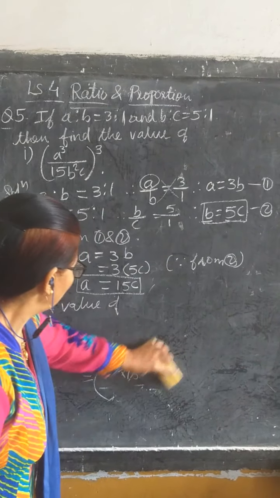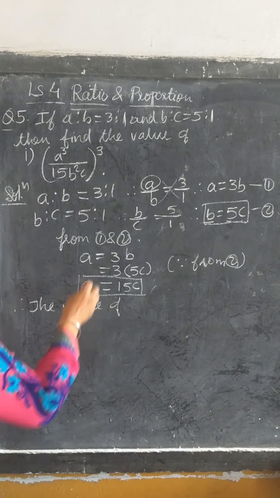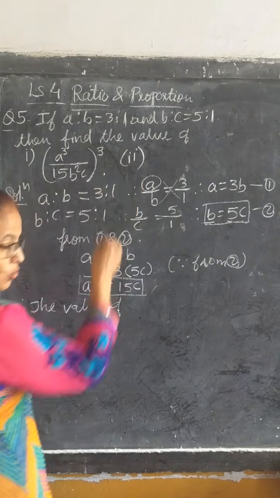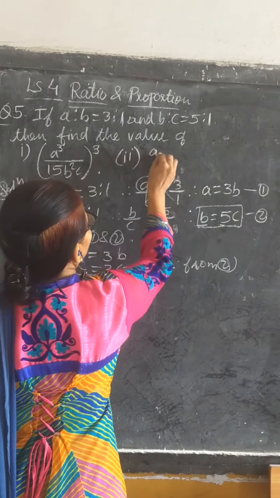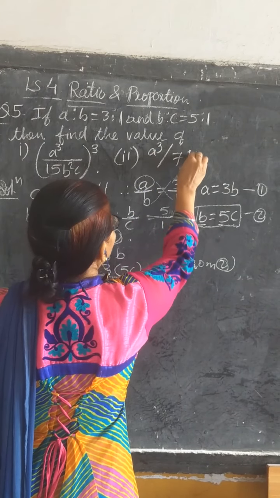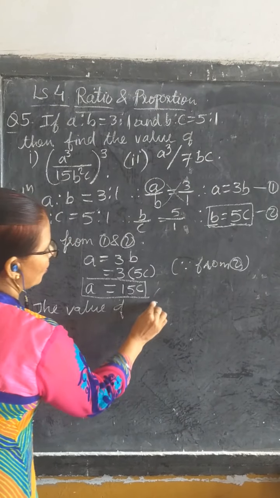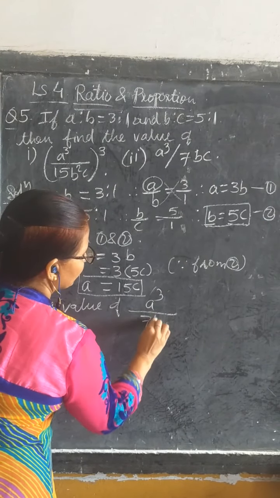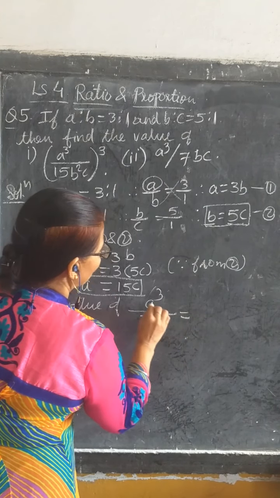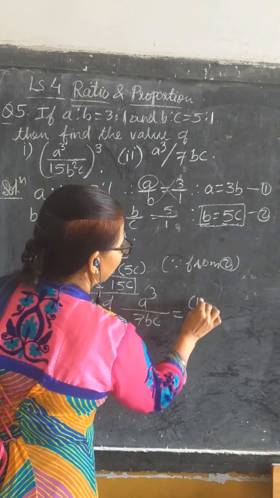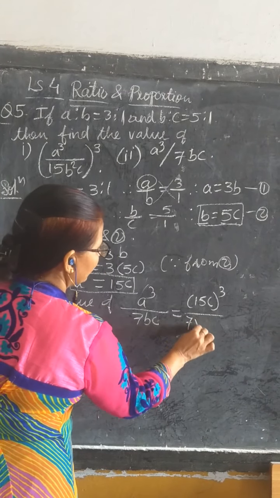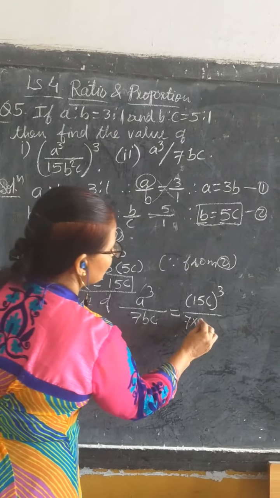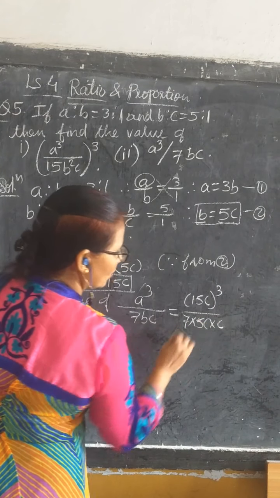Let's see that one also. In the same way you will start, and the second one is A cube by 7BC. So the value of A cube by 7BC is equal to A, what is your A? 15C whole cube by 7 into B. The value of B is 5C into C is already there.